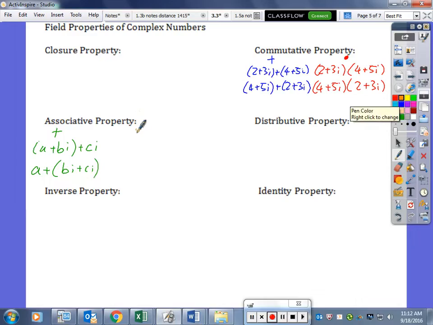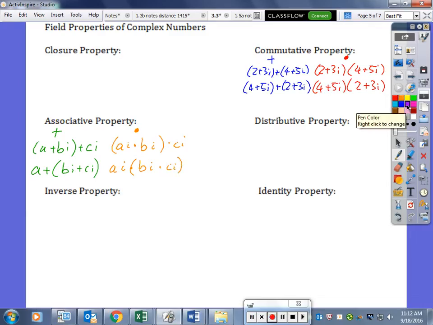And for multiplication, ai times bi times ci, we can equally write like this: ai times bi times ci.